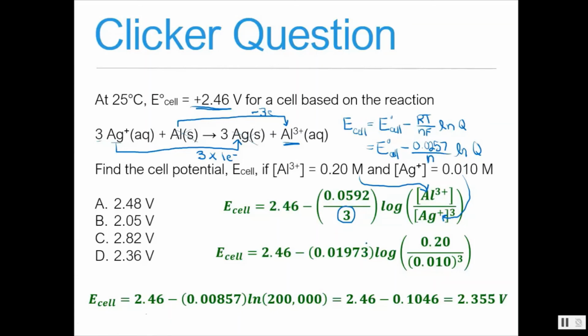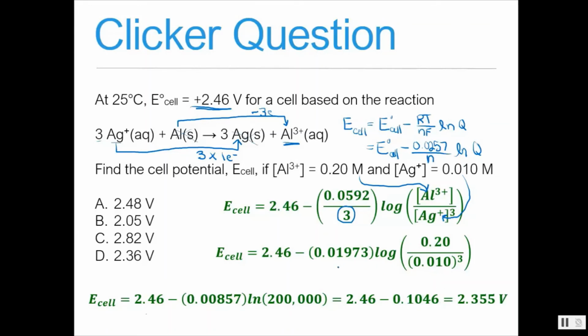Here I have the log base 10 example, and here I have the natural log example. So this would be 0.0592 divided by 3 times the log of 200,000, which would give us 2.46 minus 0.1046.